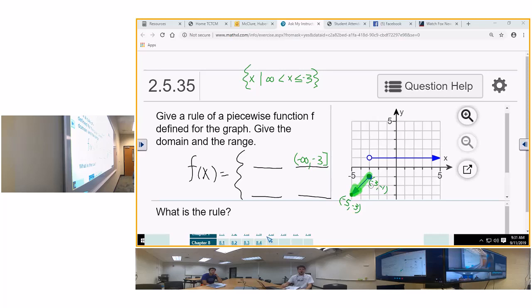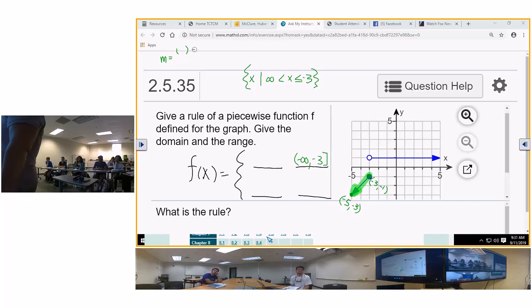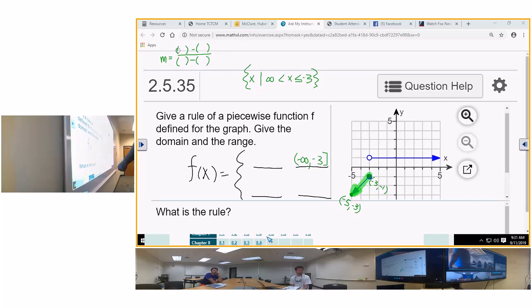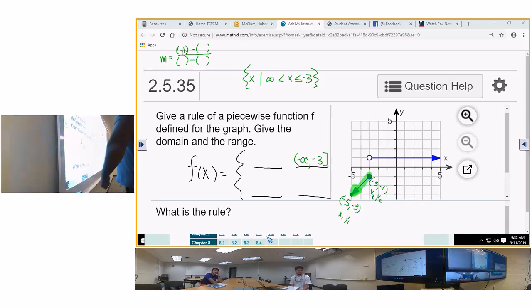The slope. So m is equal to y sub 2 minus y sub 1 over x sub 2 minus x sub 1. Now which way do we read? That's right. So this is x sub 1, y sub 1. This is x sub 2, y sub 2. Plug and chug. Negative 1 minus what?